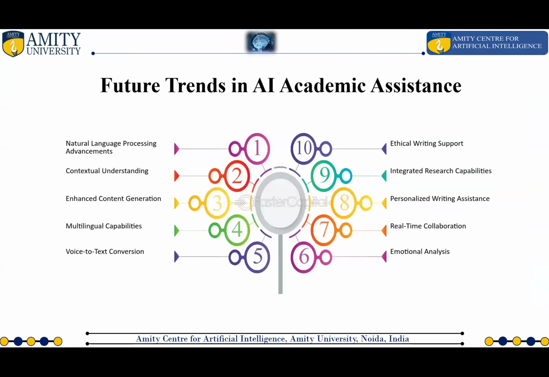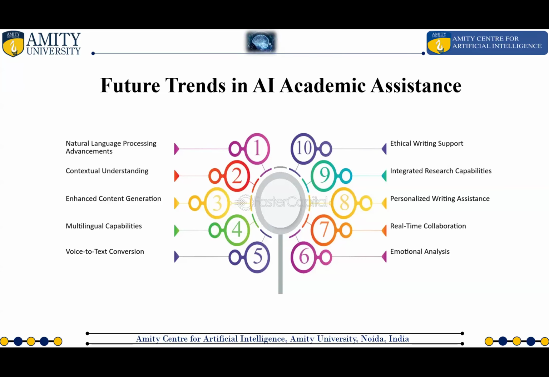So these are the various future trends we can see when we are talking about AI academic assistance. We can have NLP advancements, contextual understanding, enhanced content generation, multilingual capabilities, voice to text conversion, and ethical writing support, as we are talking about unethical practices in academic writing like copy paste.